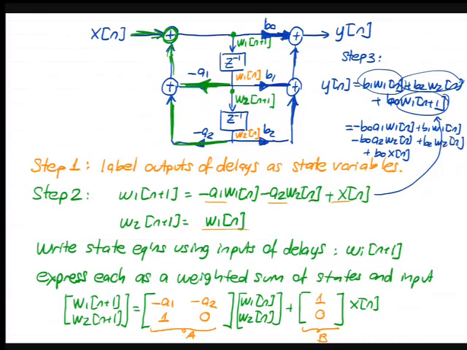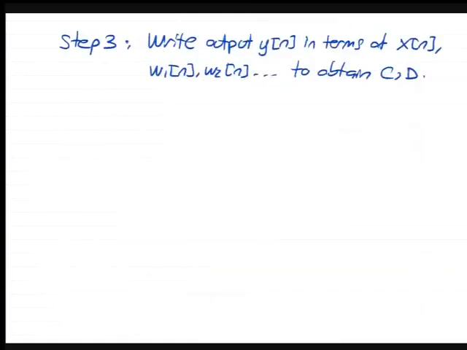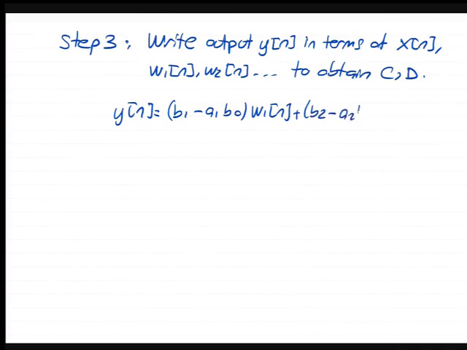So if I clean up everything, then I'm going to get y of n in this example. B1 minus A1 B0 W1 of n plus B2 minus A2 B0 W2 of n plus B0 times x of n. All right?